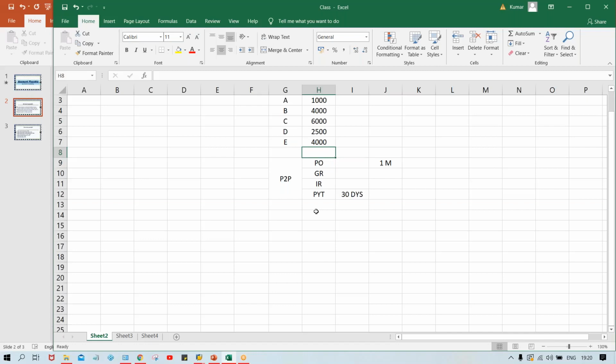Once again I'll repeat: learning SAP doesn't mean that you have to learn the configurations blindly. You need to understand the concepts. If you understand concepts, only then are you going to become a consultant.